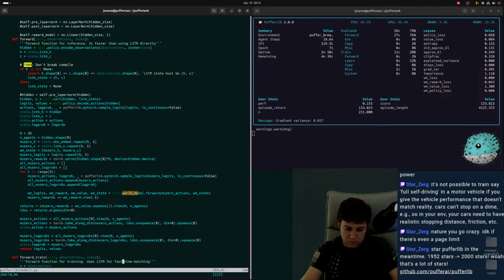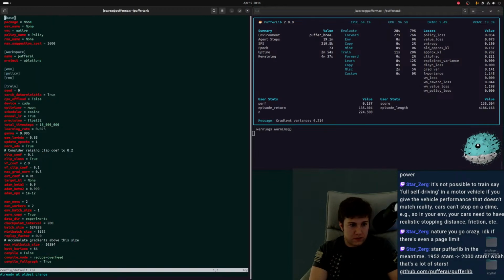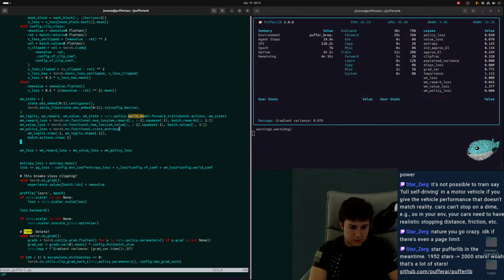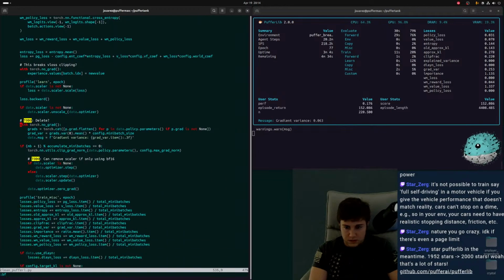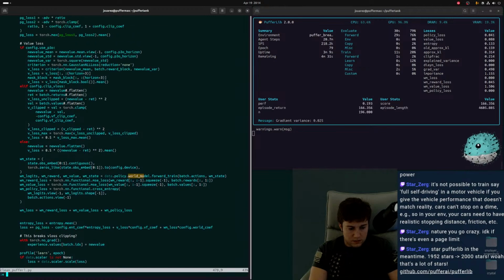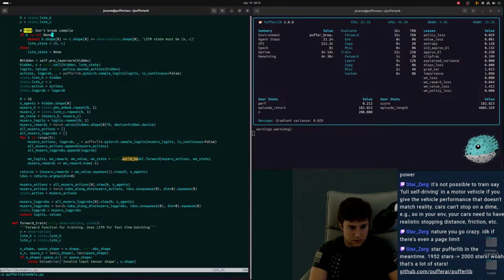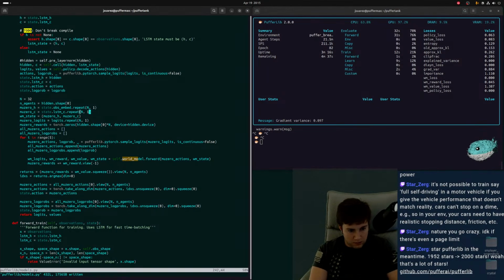Okay. Next thing I'm going to try is zeroing the LSTM.